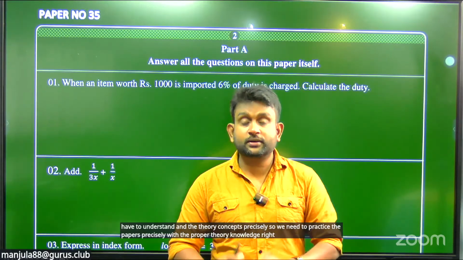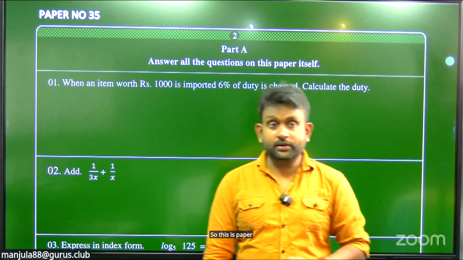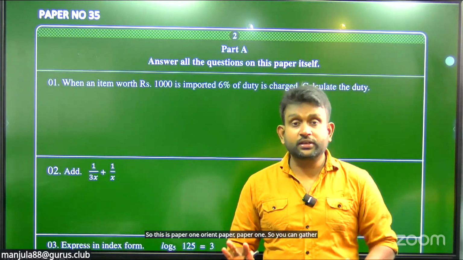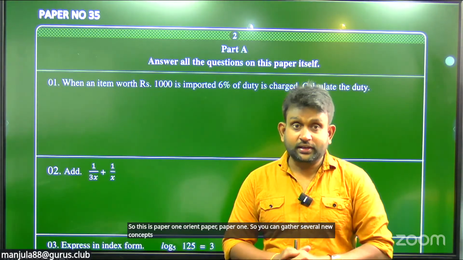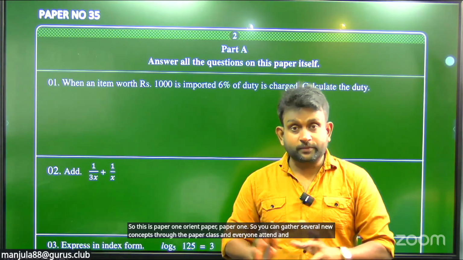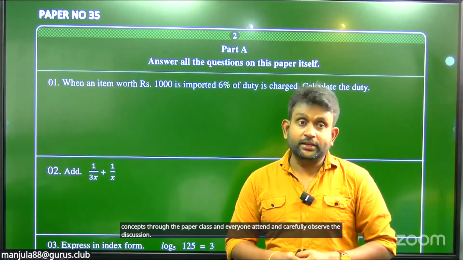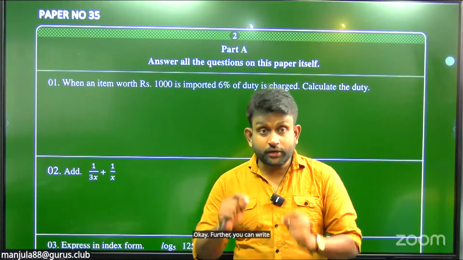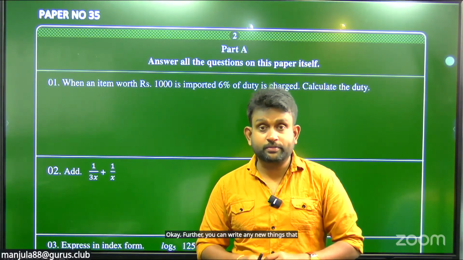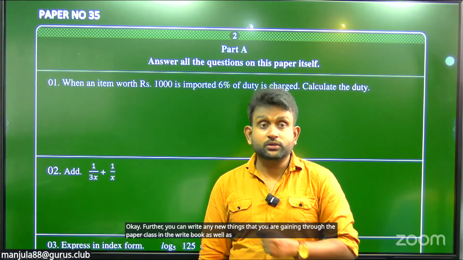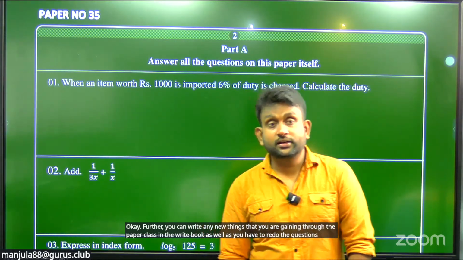This is Paper 1. You can gather several new concepts through the paper class, so everyone attend and carefully observe the discussion. Write any new things that you gain in the red book, and redo the questions in which you make mistakes.